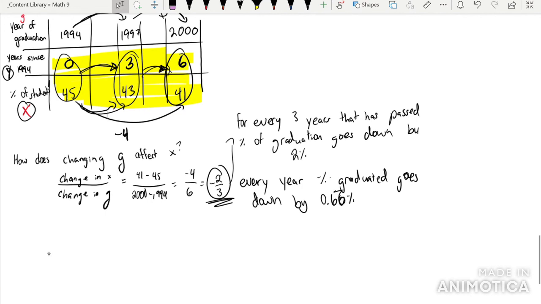So then I can write that, sorry, let me change this. X is equal to minus 2/3 y plus, well, when y is 0, my x is going to be 45. So my starting value is this. So step 1, or part A, done.